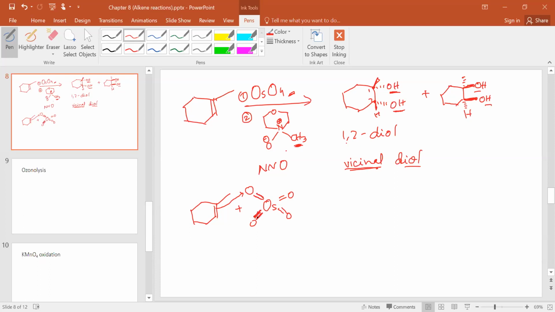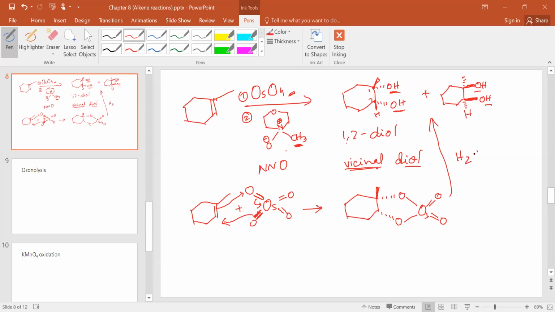So two double bonds are here, this will come here, this will go here, so it will make a cyclic intermediate. I'm writing only one isomer, okay?